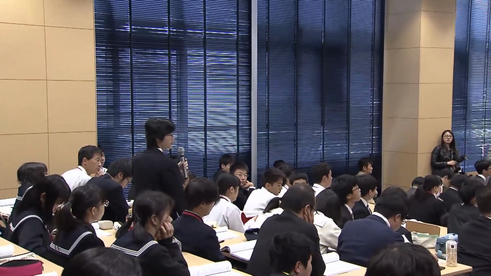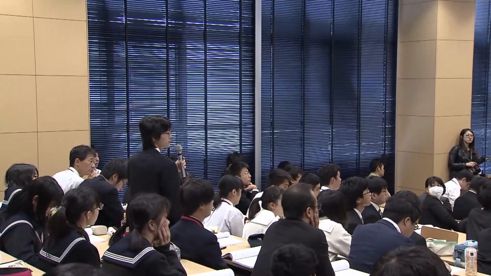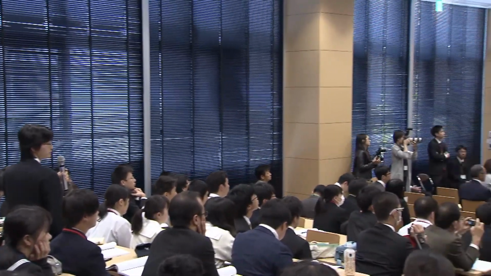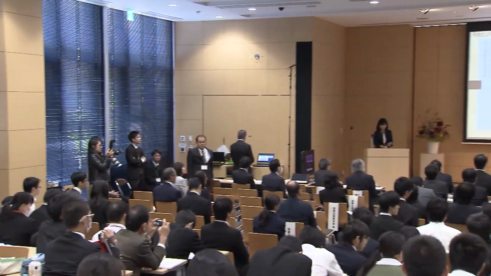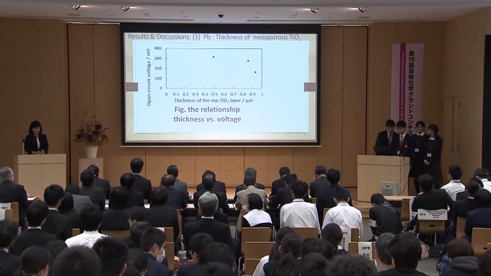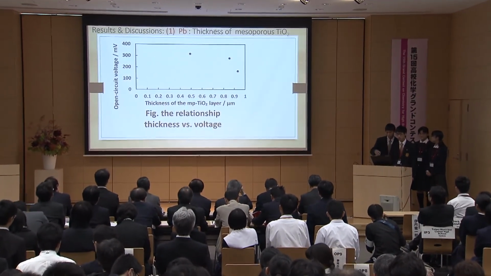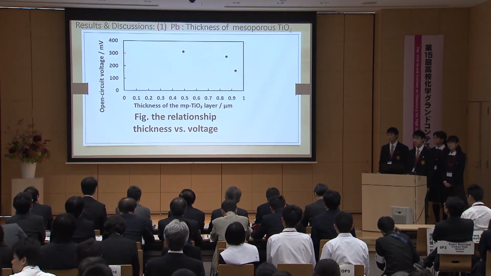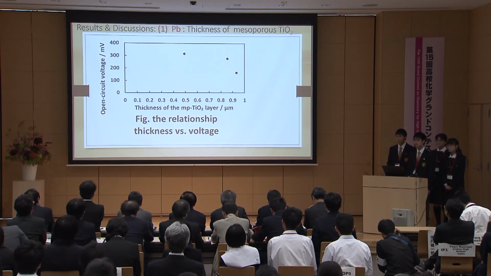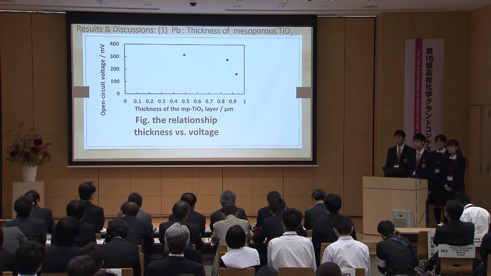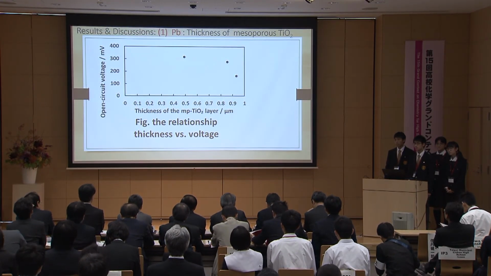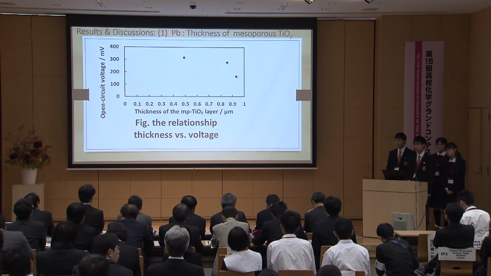Hello, it's me again. Can you take the slides back to experiment 1? Yeah, that one. So here you said that when the thickness of the mesoporous titanium oxide layer is thin, then you'll have a higher voltage. But did you think about the thickness of the compact titanium oxide layer?